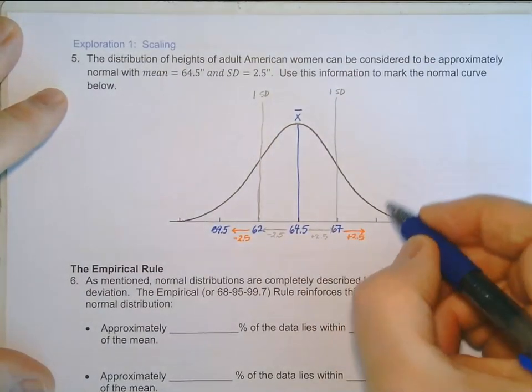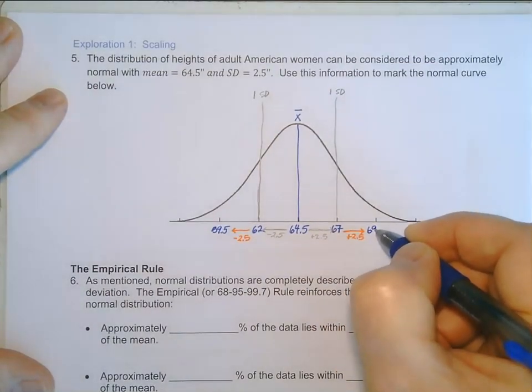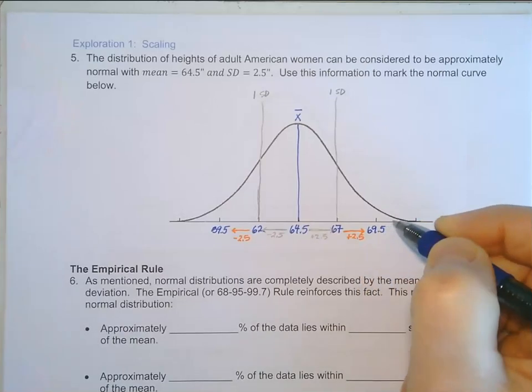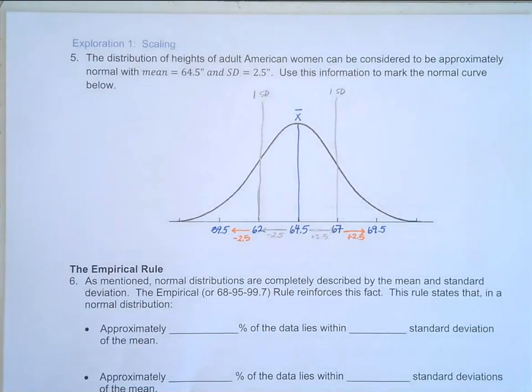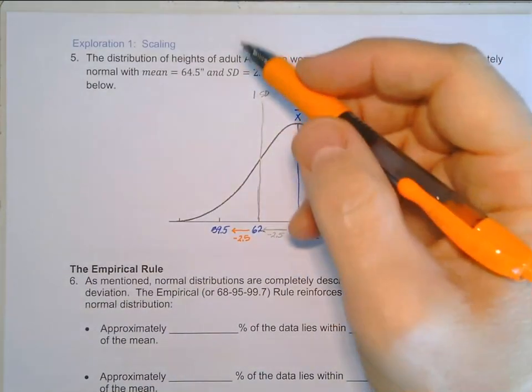And if I add 2.5, isn't this 69.5? Am I doing my arithmetic correctly? Because it's not correct in my notes.